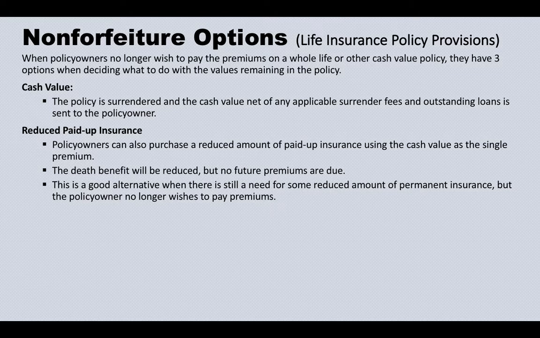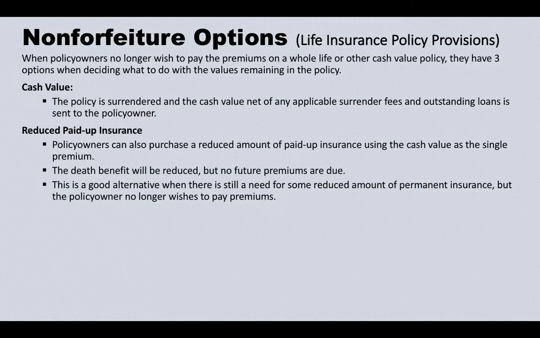Basically, if you want to surrender, you have a significant amount of cash value there. They say, okay, if you don't take the cash value, you can use the cash value as a single premium to buy a single premium life insurance policy.